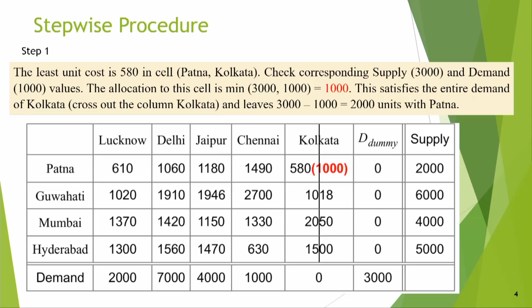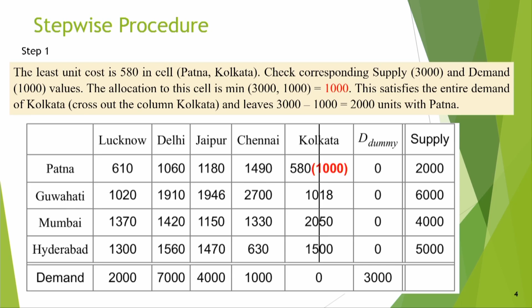Let us come to the stepwise procedure of the least cost method. In the least cost method you examine all the cells and find out which cell has the least cost. In this case, Patna to Kolkata transportation takes only 580 per unit, so 580 is the least cost.